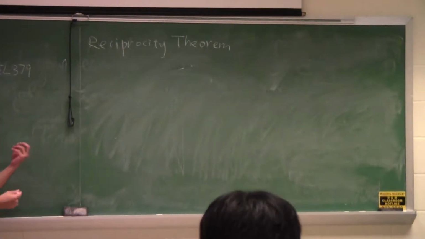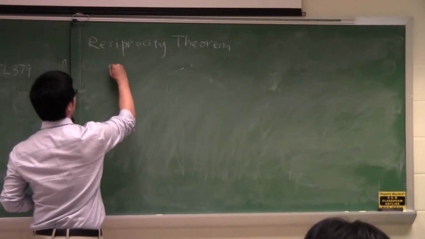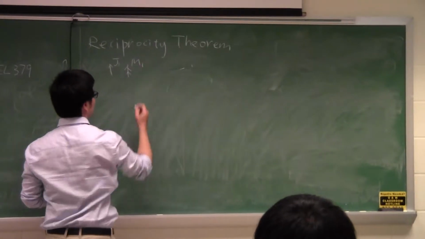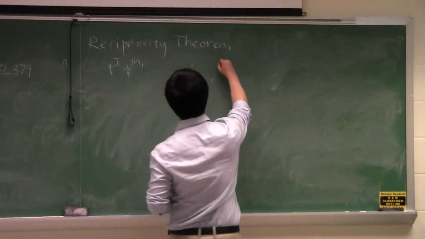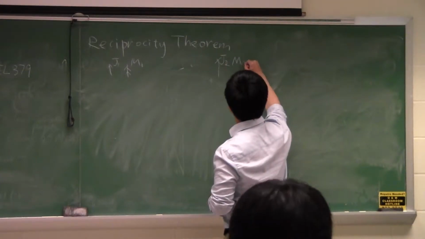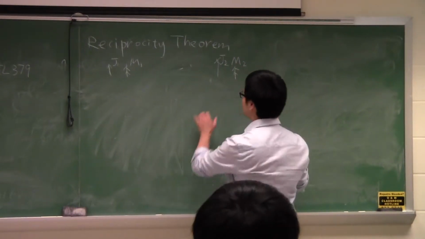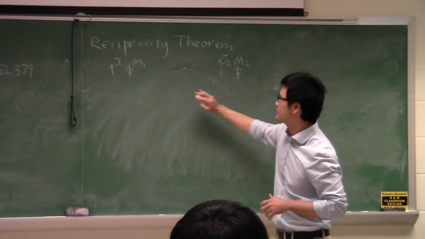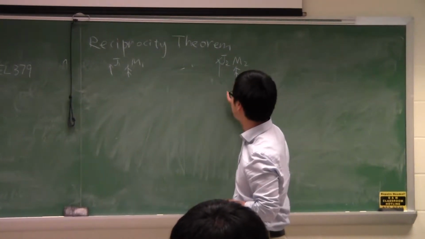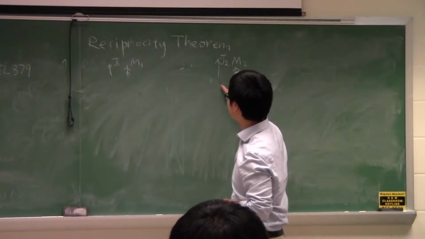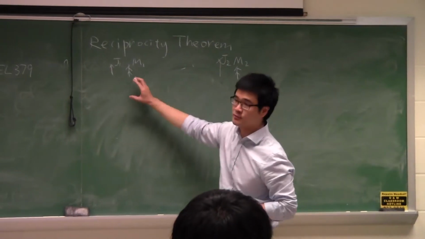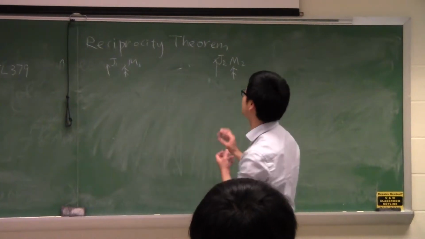It says that if you have a source here, and if you have another source here, then the field generated by the source here is the same as if you switch the location between the source and the observation point.